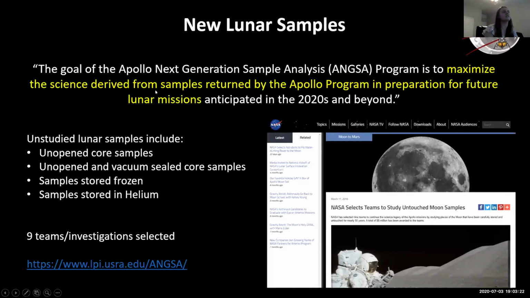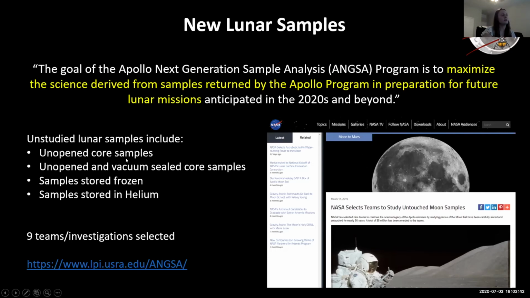And NASA released a new program called Apollo Next Generation Sample Analysis, or ANGSA, as a program to maximize the science derived from samples returned by the Apollo program using new techniques. And these are anticipated to inform space missions going forward, so Artemis and beyond.